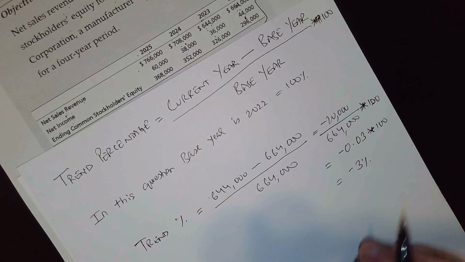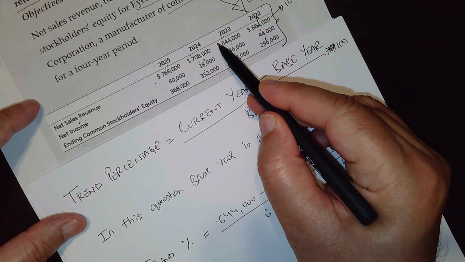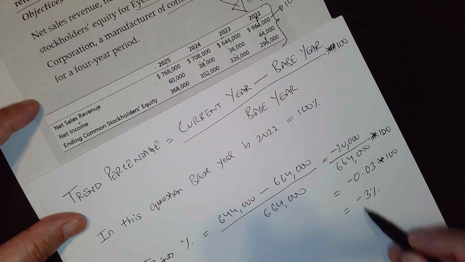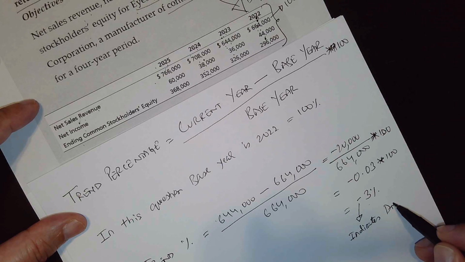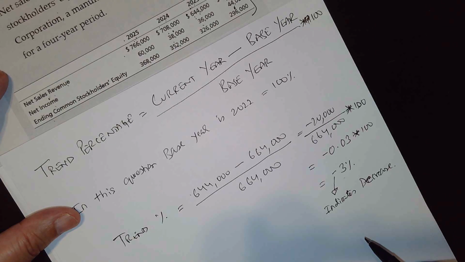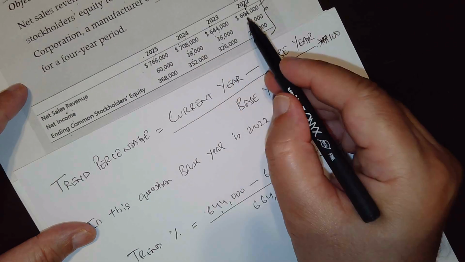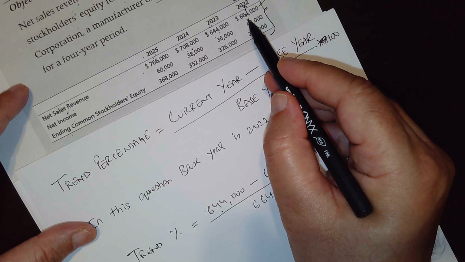So going from 2022 to 2023, we have a decrease. The negative sign indicates a decrease in net sales value. We can say that this 644,000 is 97% of the 664,000 in the base year.